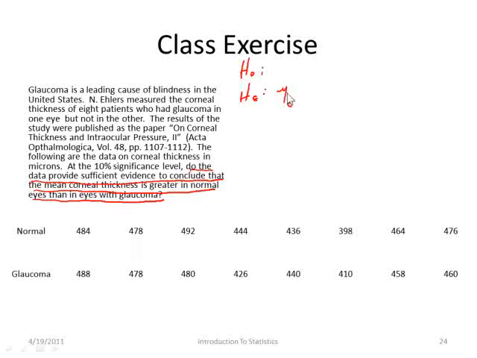So what do we want to write for our differences up here? It's greater than 0? Because we're going to take normal minus glaucoma, and we want to know if the normal corneal thickness is greater on average than the glaucoma. So the differences then should be positive. So the null hypothesis says that the mean of the differences is equal to 0.